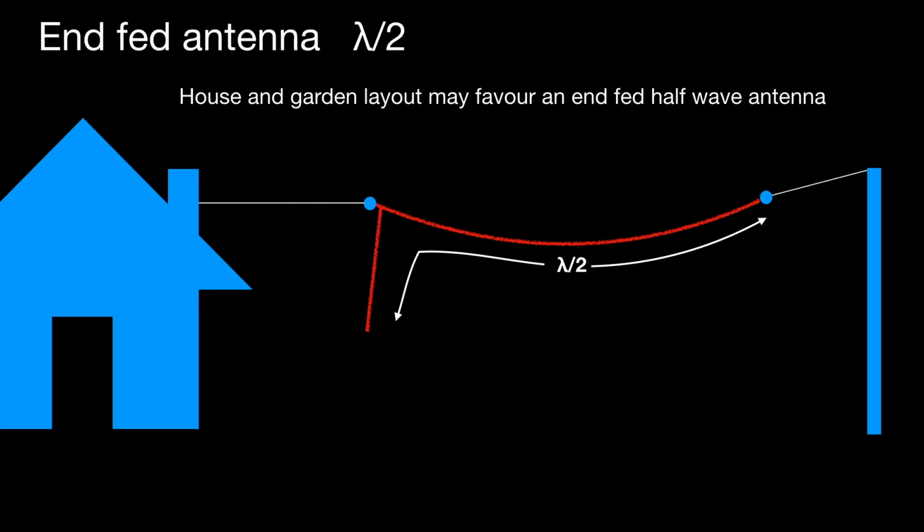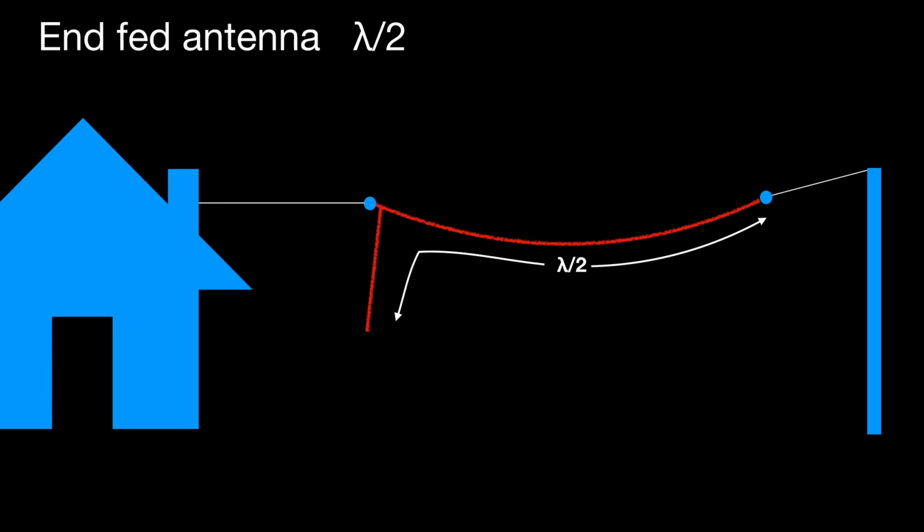Now, if we do that, we will find that we will end up with a high feed impedance at the end of a half wave. Now, if you go back to the earlier slides, and by the way, these are posted to the shared drive, and you look at the current and voltage distribution along the lambda by 2 antenna, and if you also recall that they are independent of the feed point, you will see that at the end of the half wave you have got high feed impedance.